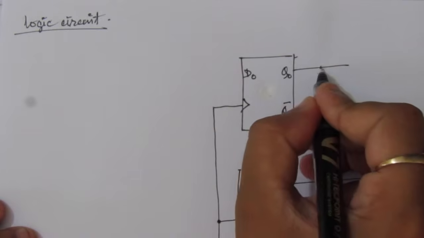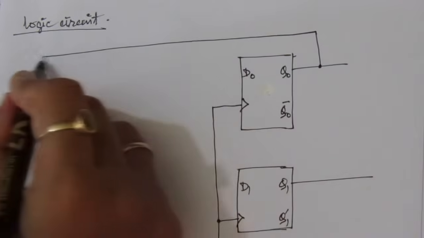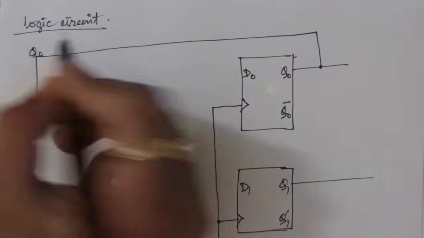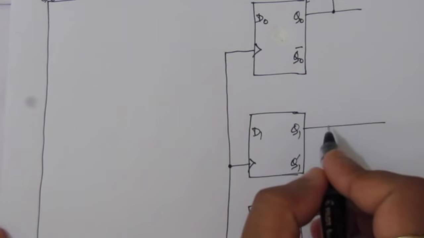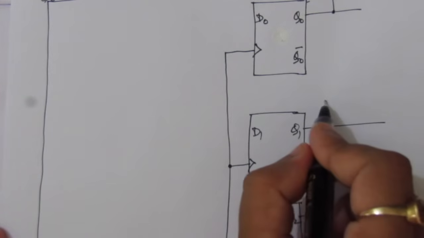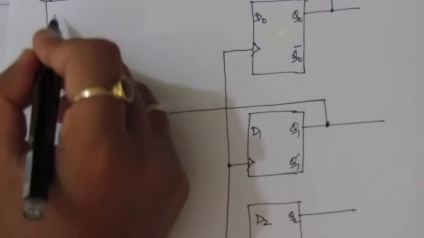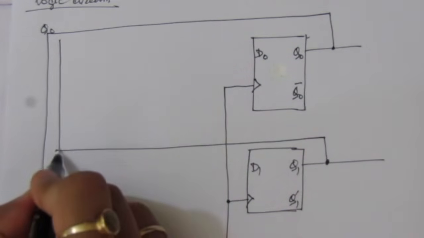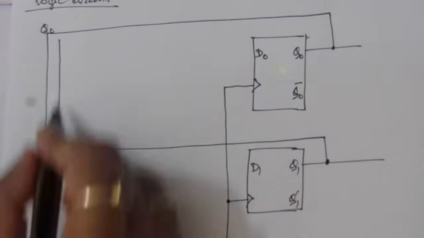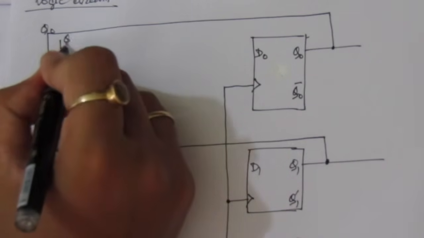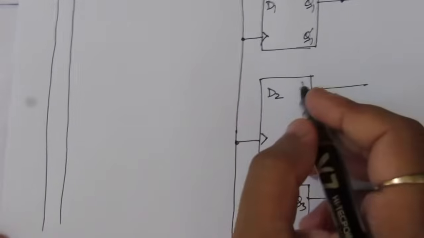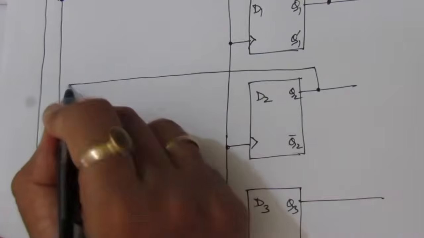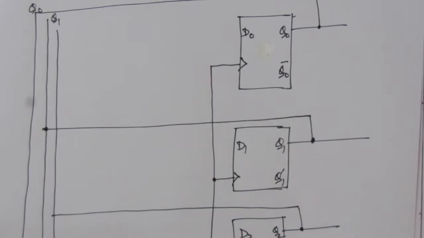Suppose here we have this Q0. Let us bring it to the input side. Suppose this is the Q0 line. Then we have this one, the Q1 line. Let us draw an input line here, and this line will represent Q1. Then we have Q2. Let us draw another line from Q2 towards the input. I am drawing this to make it simpler to understand.